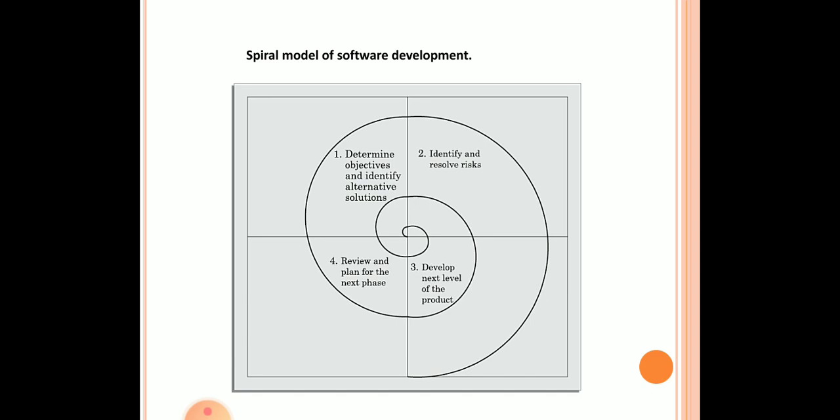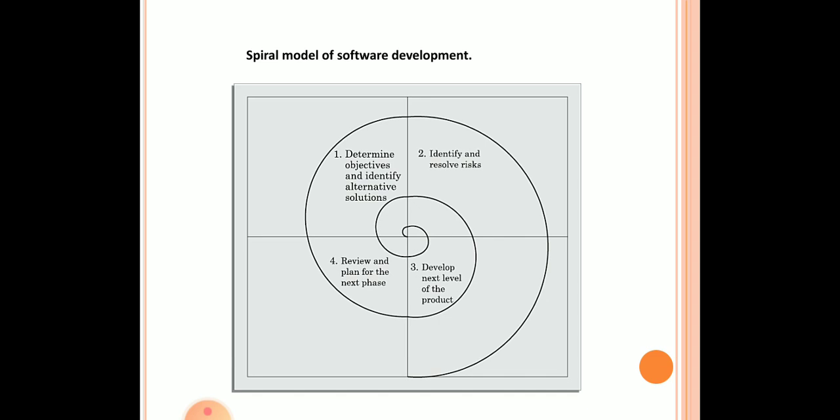In the first quadrant, some features of the product are identified, and the risk involved at that point will also be identified, and we identify how crucial the risk will be for the overall product development. Implementation of the identified features is the objective of the phase.